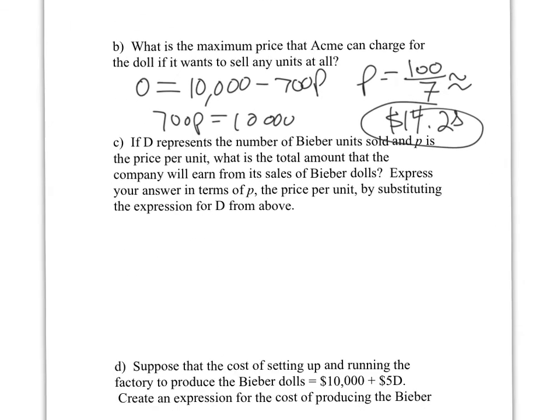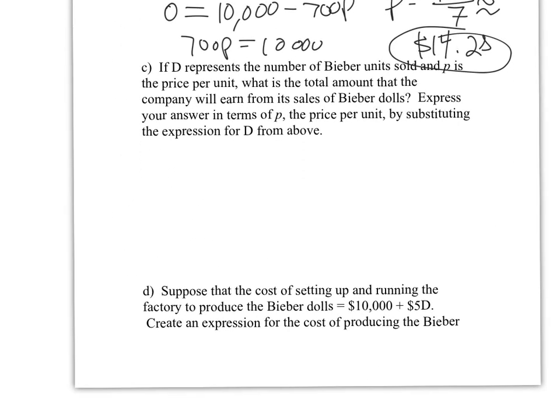Okay, and that makes sense, that there's a price at which people are no longer going to be interested in buying this thing. Now, D represents the number of units sold, which is equal to 10,000 minus 700p, where p is the price.